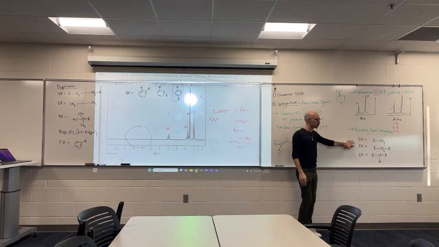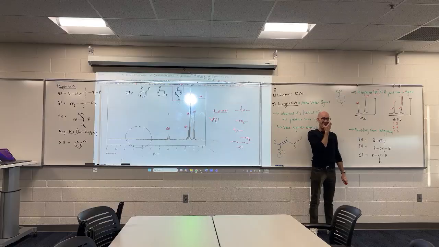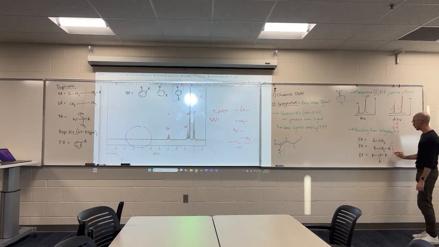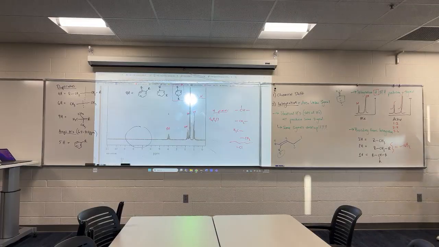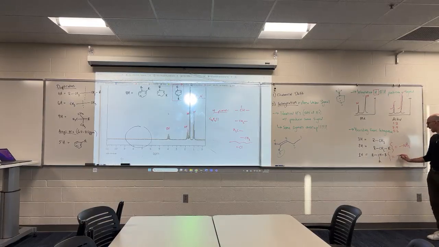NMR tells me the hydrogens, and we're assuming they're bonded to carbons. Oh. Well, what if they're not bonded to carbons? What if a 2H group is actually an NH2 group? Or what if a 1H group is actually an OH group?